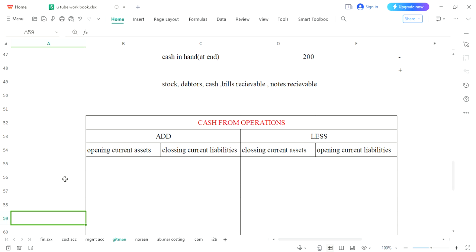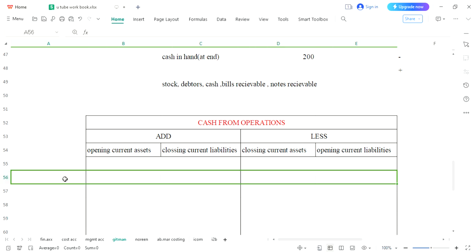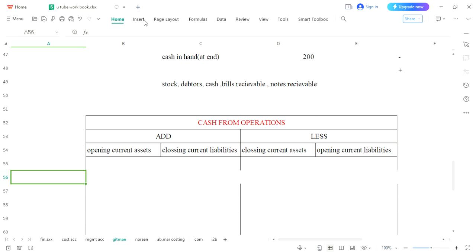Or you can simply write down this formula in horizontal form. Here you will start with opening cash.